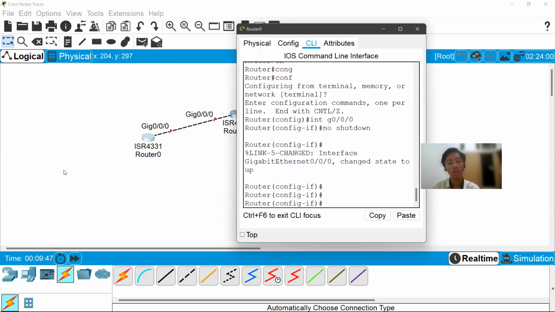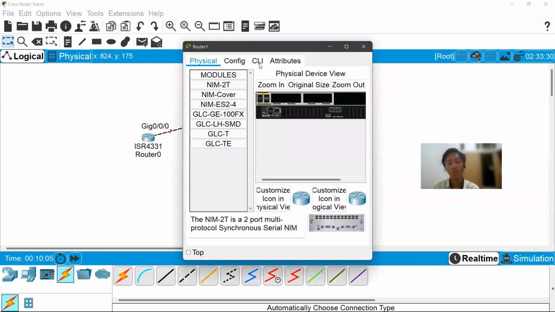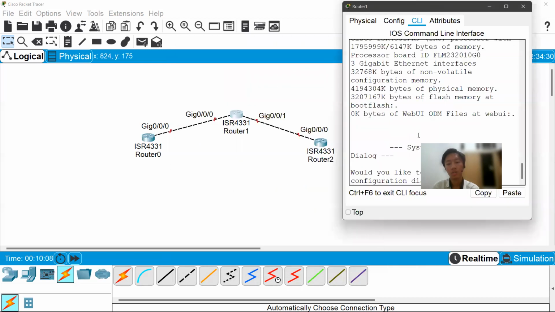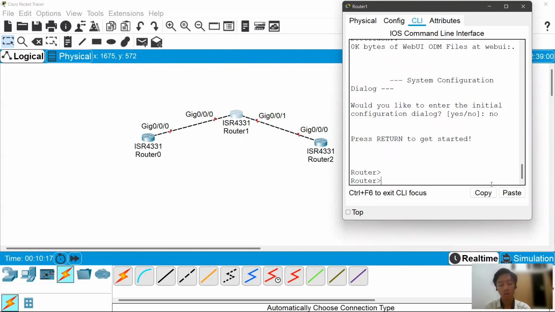Tell me why the interface is still off? Because the other side of the router is turned off. So we must turn on every side if we want the interface to be on.